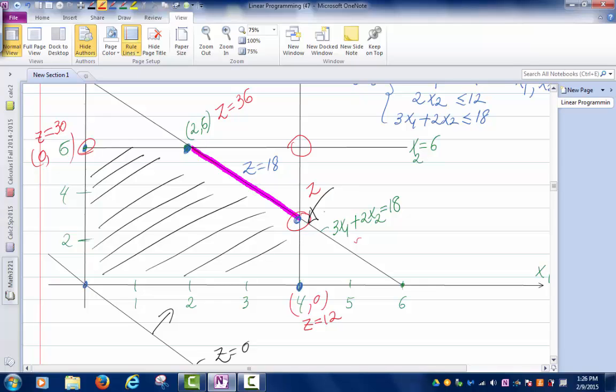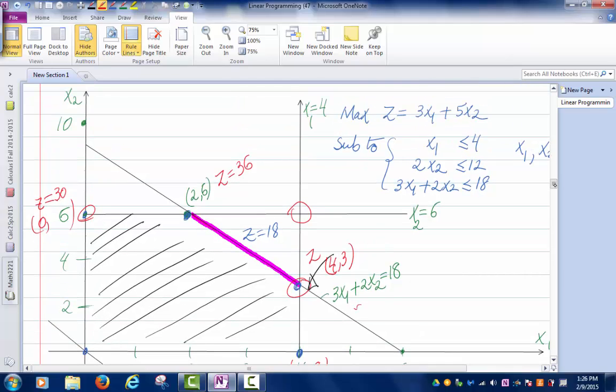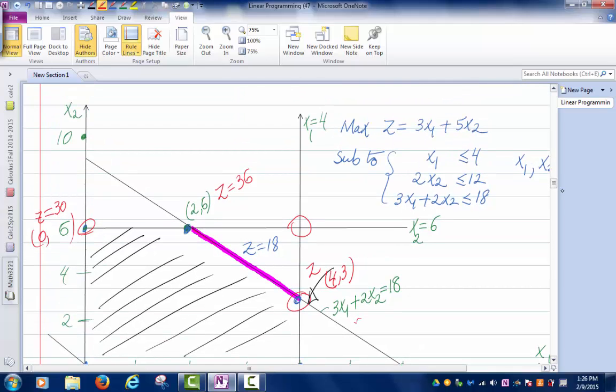So this would be the point 4, 3, right? And what's the value of the objective function at this point? If I plug in 4, I get 12. 12 plus 15 is what? 27. So I get the value 27.